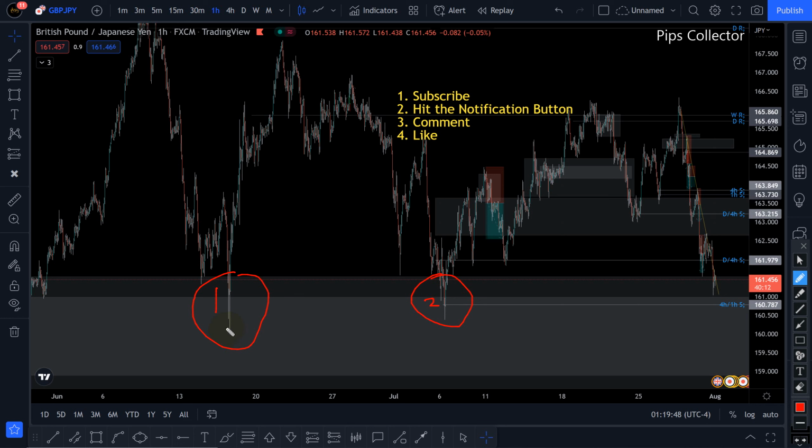So you see this particular pattern: deeper first time, second time less deep, third time what are you expecting? So let's see how price would react from this level, or if it's going to come back up to give us that bullish momentum we talked about. So this is what I'm looking at on British pound Japanese yen.